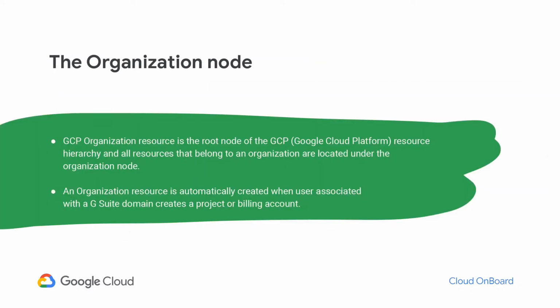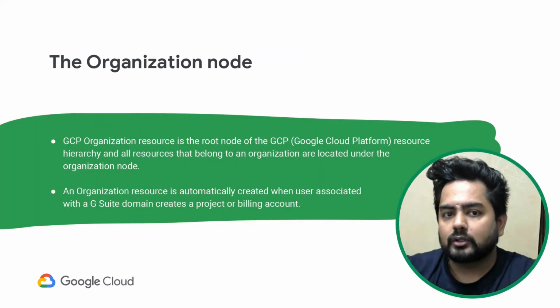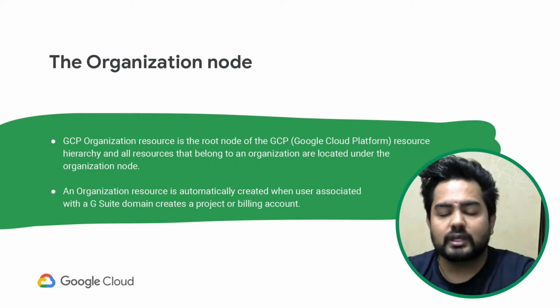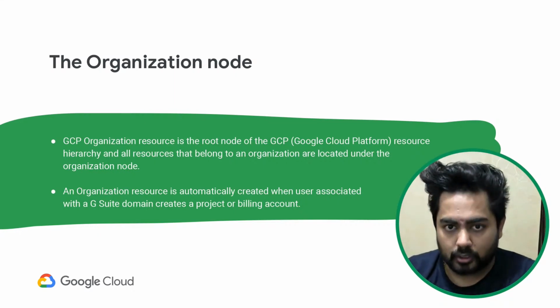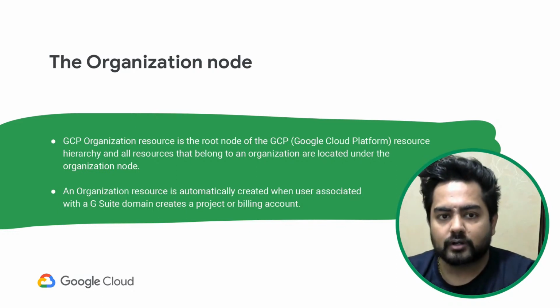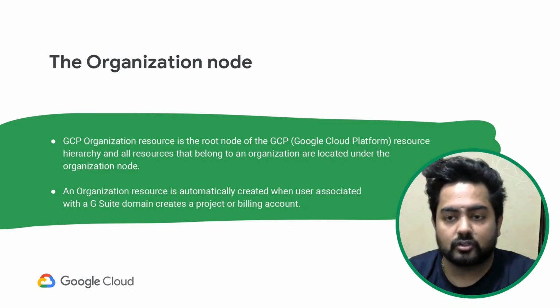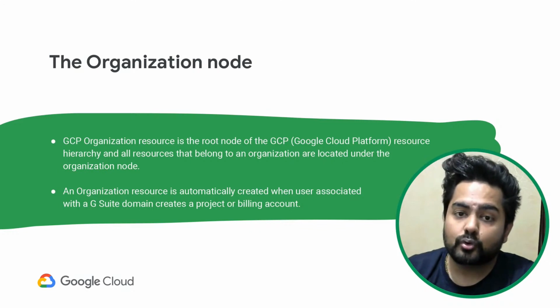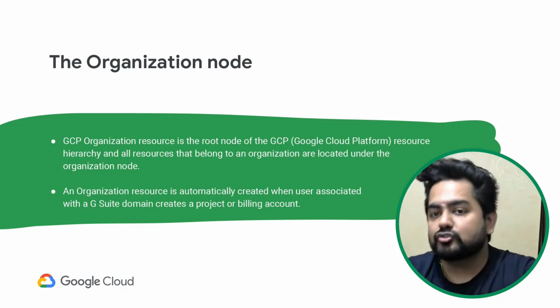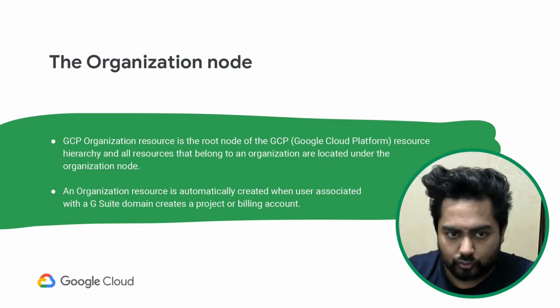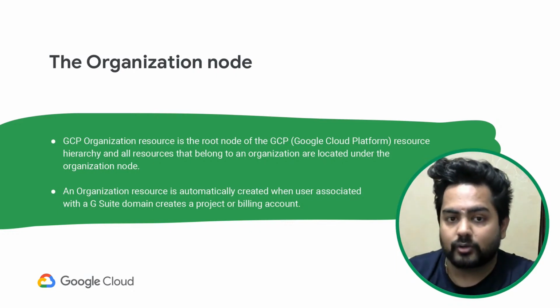So what is an organization node? We spoke about how the organization resource represents an organization, and that's basically the root node in the Google Cloud resource hierarchy. That's the first thing on the top. The organization resource is the hierarchical ancestor of project resources and folders. Everything comes under the organization node.